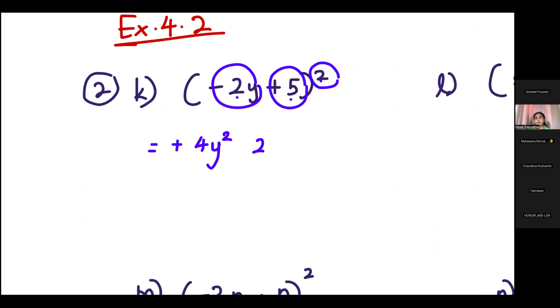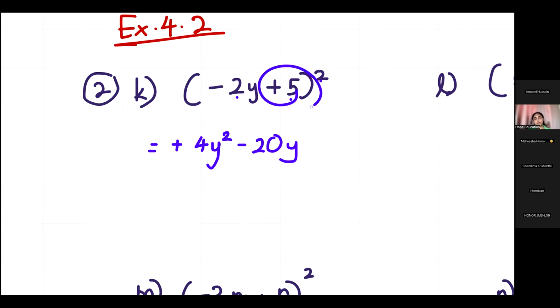The letter is y, so I put y. Then the sign: minus times plus is minus. Then the second term squared. Second term is plus 5, 5 squared is 25. Plus times plus, answer is also plus. Did you all get this answer? Thumbs up.